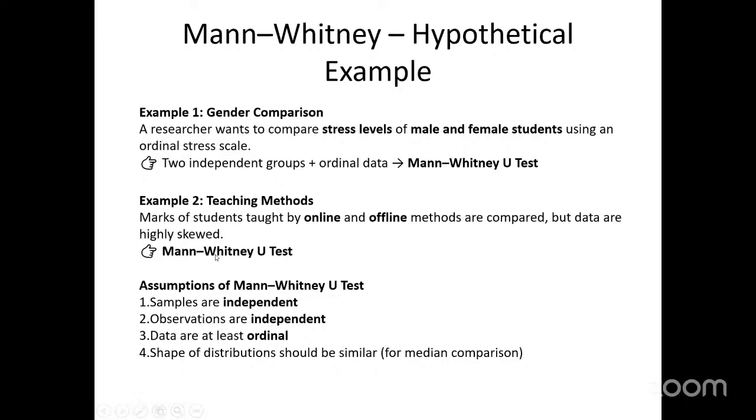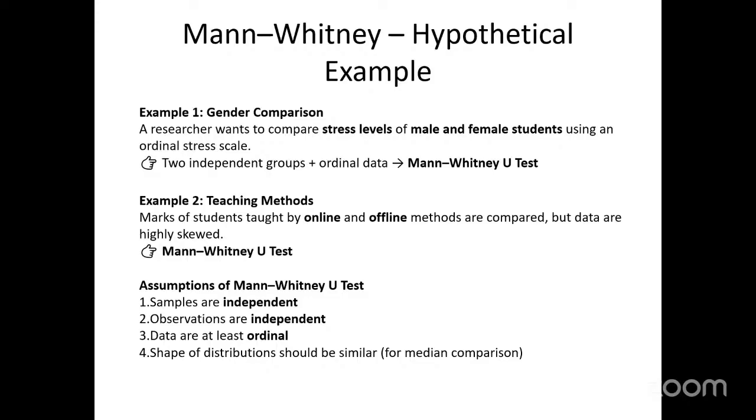There are two examples. First, gender comparison: a researcher wants to compare stress levels of male and female students using an ordinal stress scale. In the parametric t-test, we compared average blood pressure, which was quantitative data.